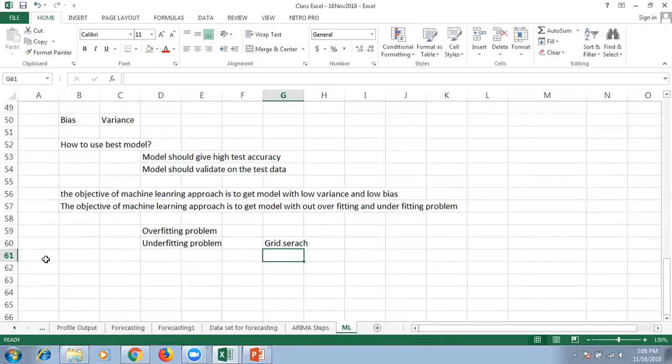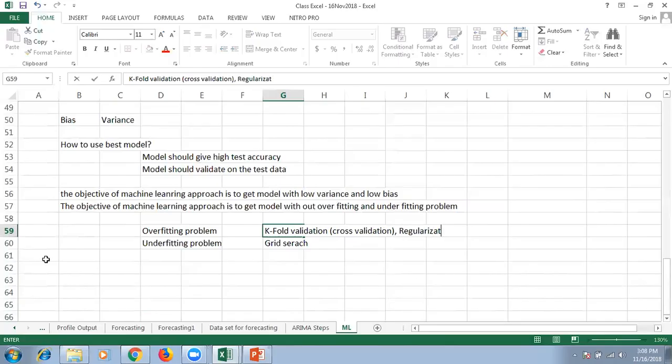And an overfitting problem means that the model is giving high accuracy on the training data, but not giving a high accuracy on the testing data. In this case we will try to perform k-fold validation or cross validation. This is one approach. The other approach is regularization.